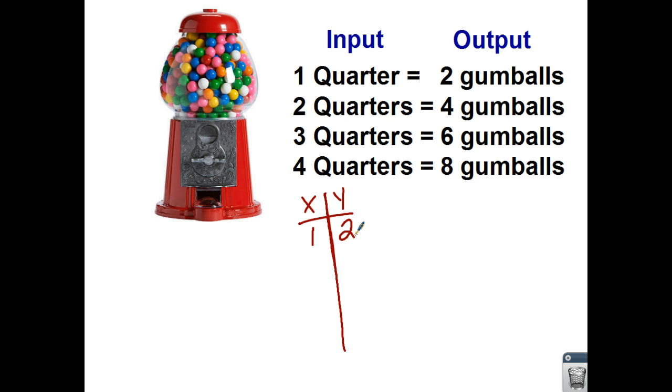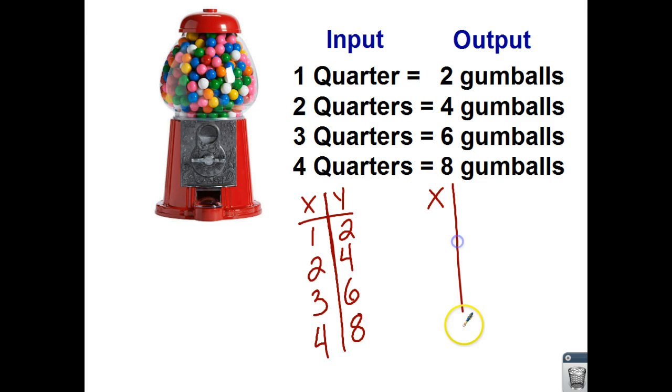If I were to put 2 quarters in, I should get 4 gumballs. 3 quarters in, I'm following the pattern here. Every time I put an additional quarter in, I get 2 more gumballs. So that should get me 6, and 4 quarters will get me 8 gumballs. That is a functional machine.